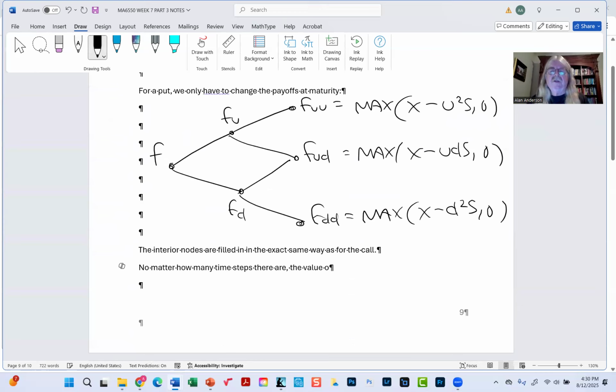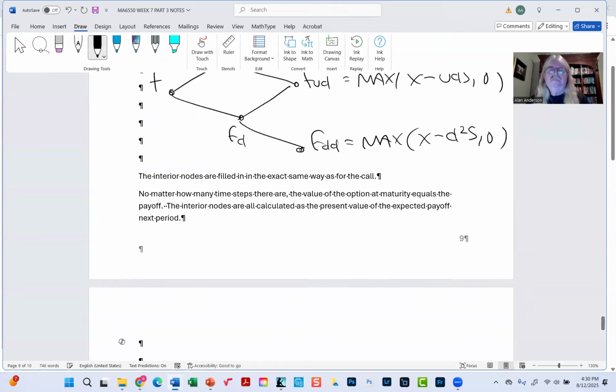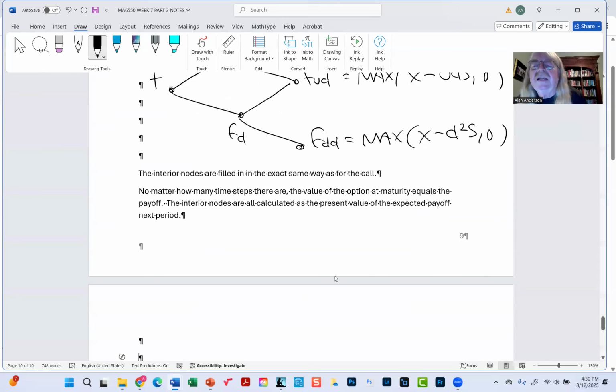The option equals payoff at the terminal nodes, and the interior nodes are the present value of the expected payoff of the next period. Okay, so in that sense, it's the same.